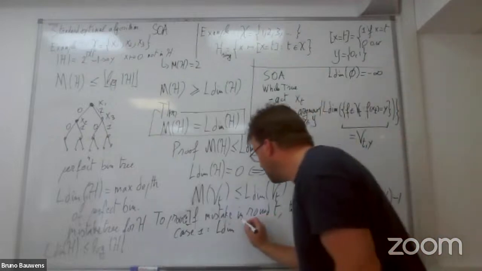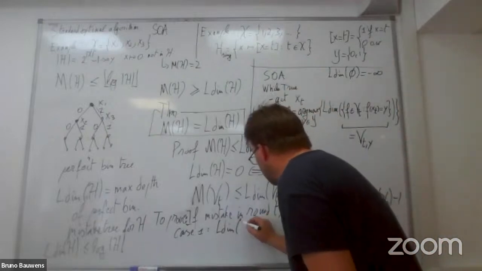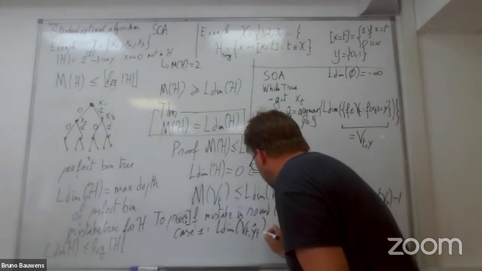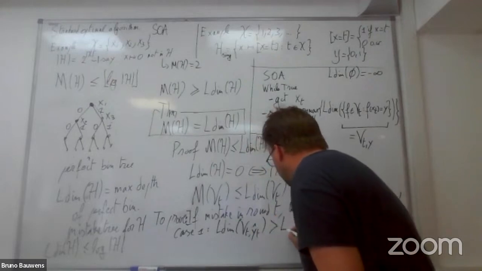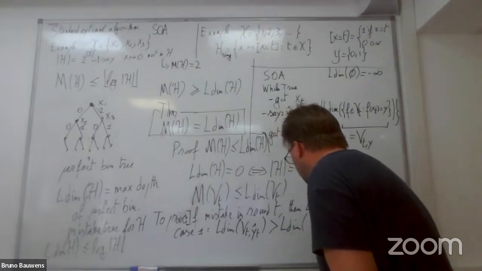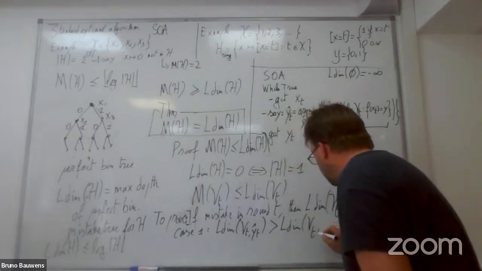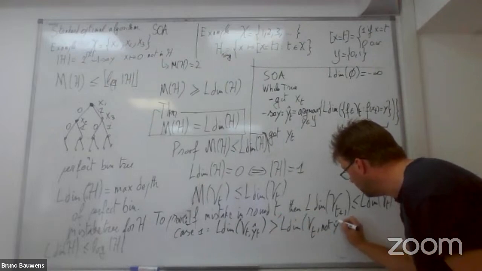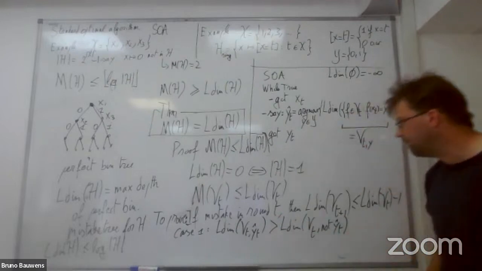So we have the Littlestone dimension of V_t with the predicted y_t strictly bigger than the Littlestone dimension of V_t with not y_t.